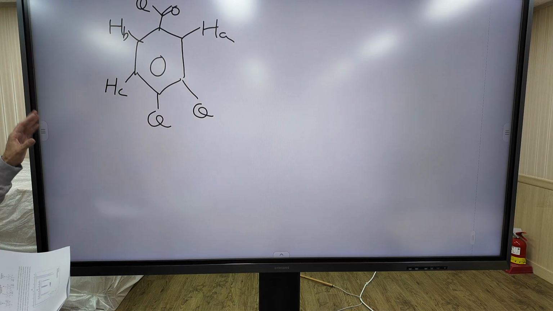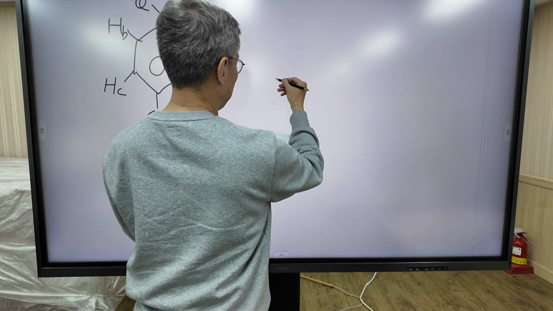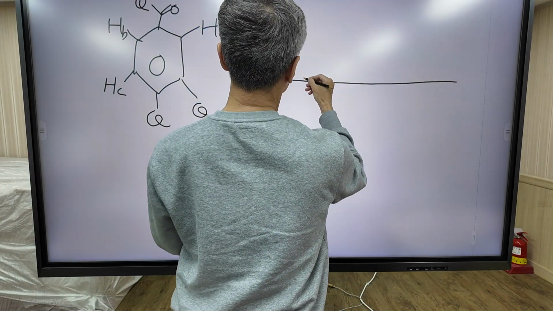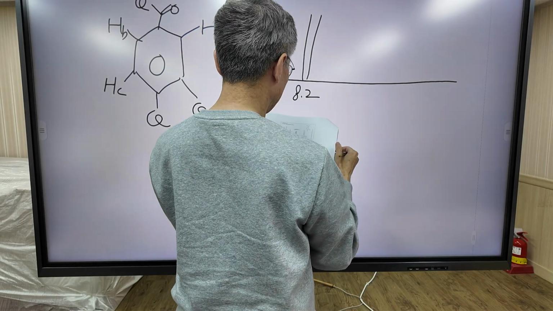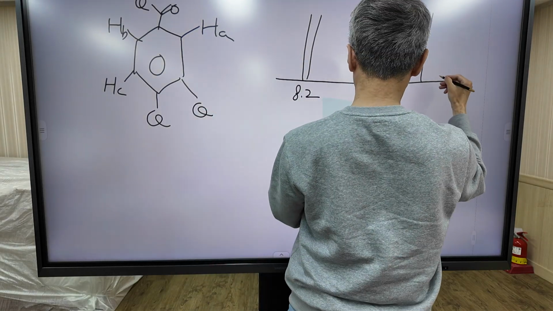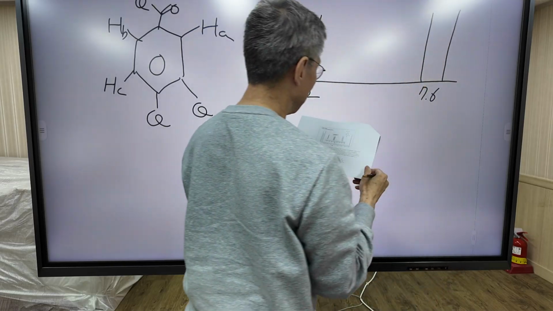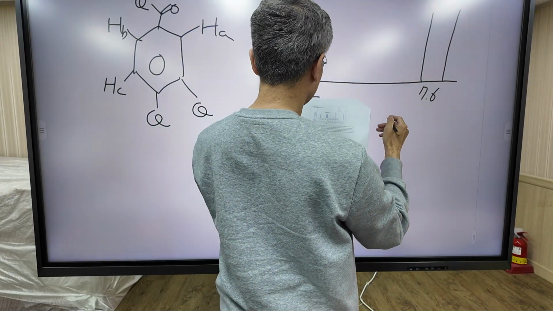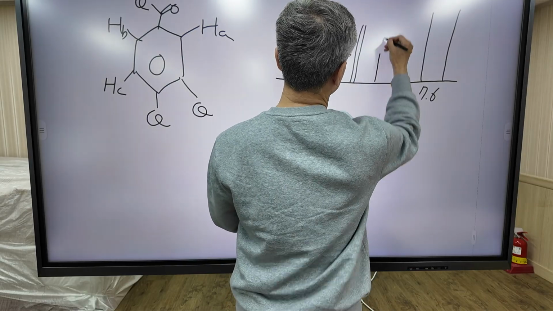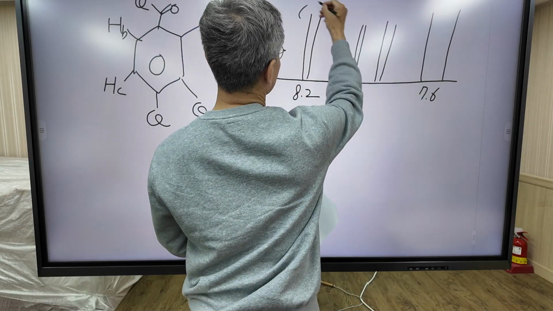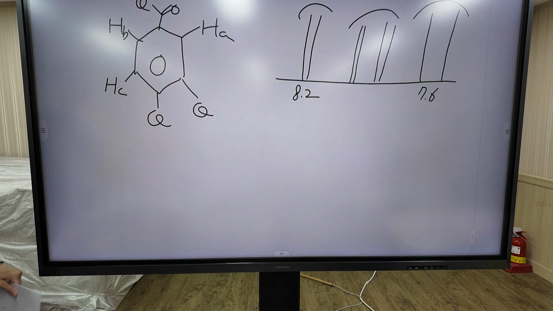So we have three groups of peaks in this NMR spectrum. There are peaks around 8.2 ppm, another peak around 7.6 ppm, and four lines around 8 ppm. Three groups of peaks appear for the benzene derivative.